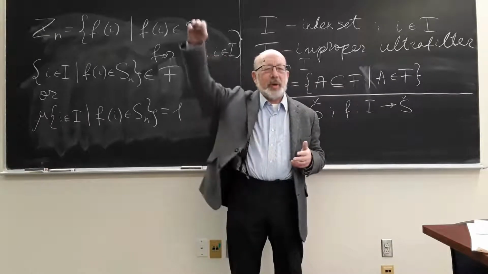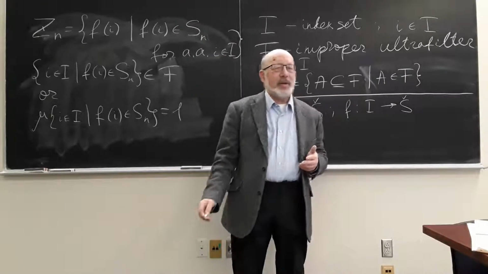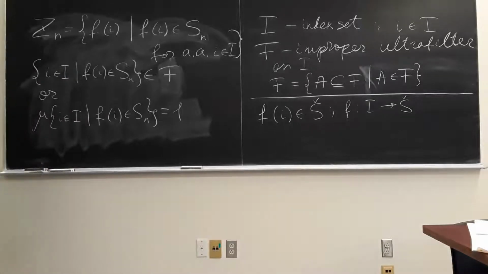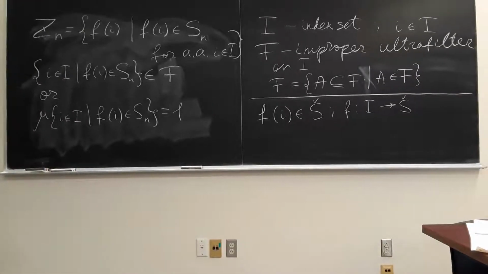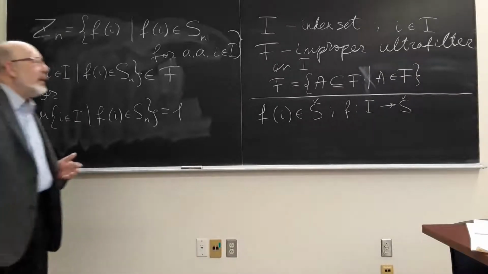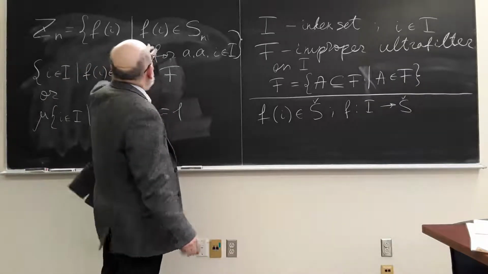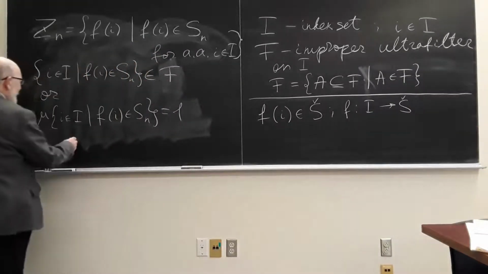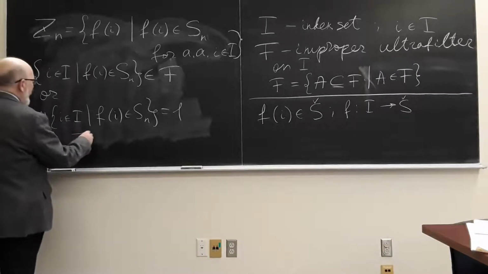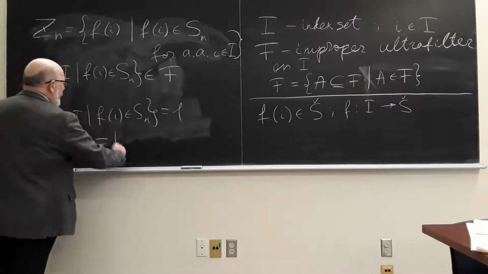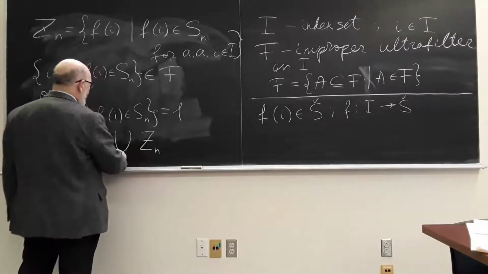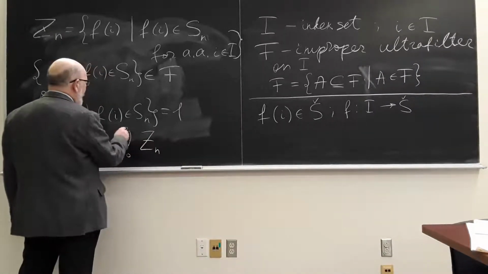We are going higher and higher up this ladder. So such a function is not in the class Sn for any finite n. And Z is the union of Zn, from 0 to infinity.